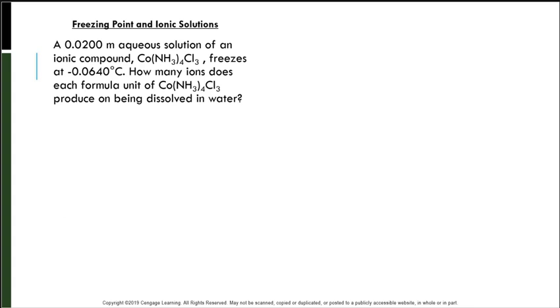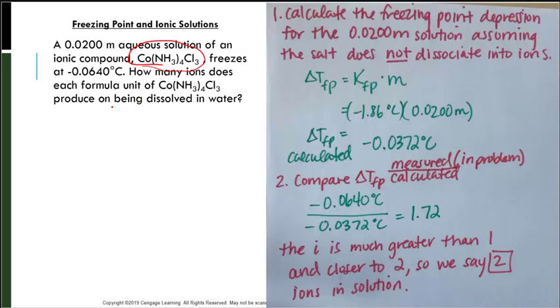Let's look at this sample problem. We have a 0.02 molality aqueous solution of an ionic compound, and it freezes at negative 0.0640 degrees Celsius. How many ions does each formula unit of that compound produce on being dissolved in water? Well, first we're going to calculate the freezing point depression for the solution, assuming the salt does not dissociate into ions.